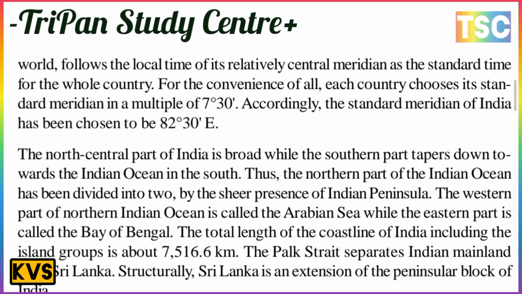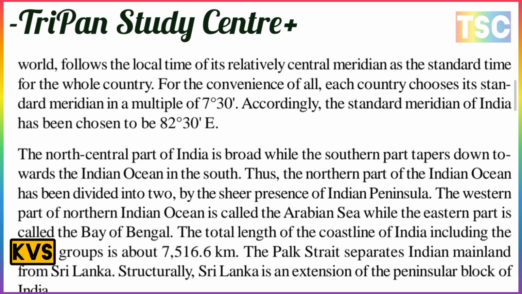The north central part of India is broad while the south part tapers down to be brought to the Indian Ocean in the south. Thus, the northern part of the Indian Ocean has been divided into two parts by the sheer presence of the Indian Peninsula. The western part of the northern Indian Ocean is called the Arabian Sea, while the eastern part is called the Bay of Bengal.